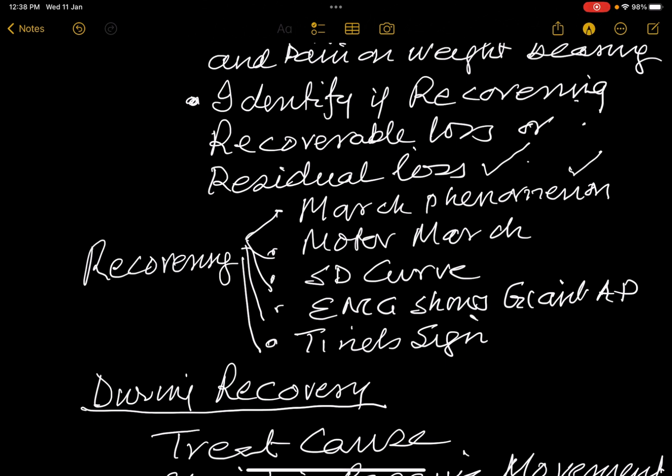You can find out by march phenomena, by motor march and nerve conduction velocity, by the SD curve going from galvanism to Faradism, by electromyography showing giant action potentials in the tibialis anterior, by Tinel sign. All these indicate that the nerve is recovering.